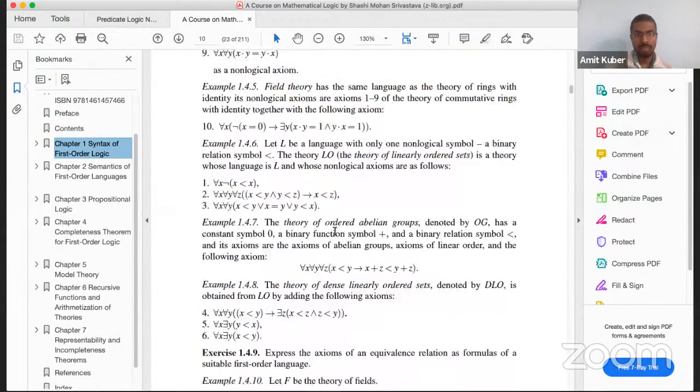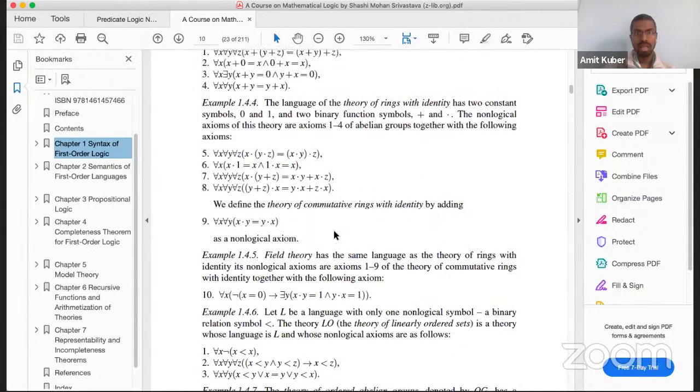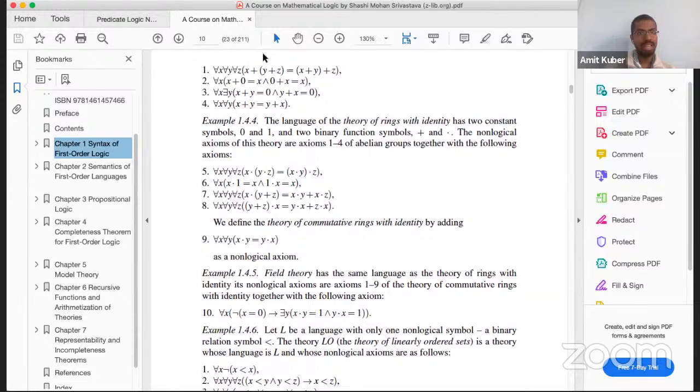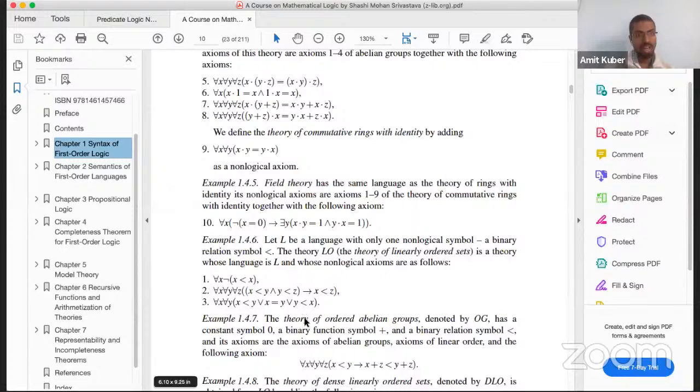Then the language of the theory of rings with identity. These are the axioms on top of these axioms. So a ring is a model of the theory of rings. A field is a model of the theory of fields. A linear order is a model of the theory of linear orders.